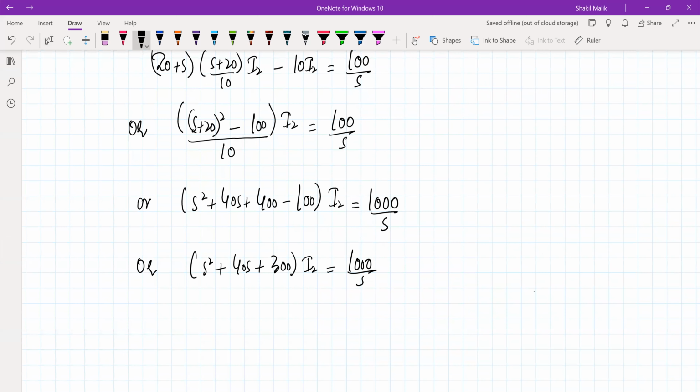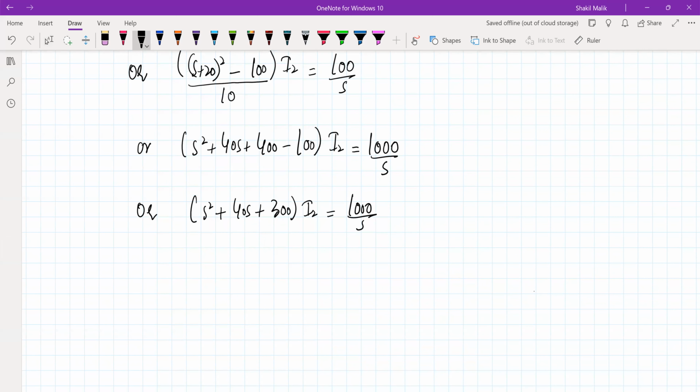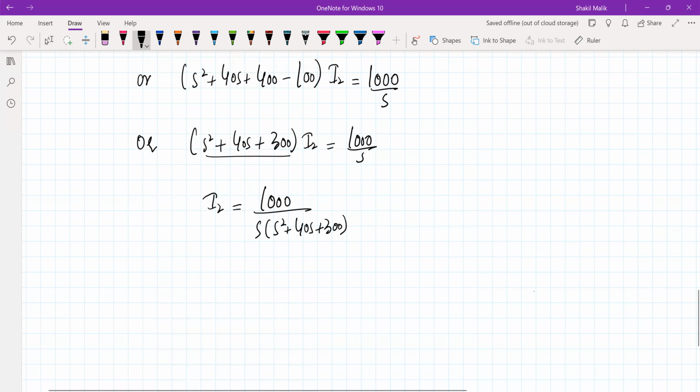So I2 is equal to 1000 divided by s into (s squared plus 40s plus 300). Taking this term on the right hand side, it will be divided on the right hand side.